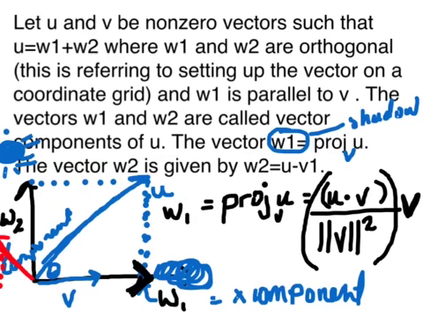Vector W1, the projection, would actually be the thicker of the two red lines there. That's where it would end up if you wanted to see it in a picture, and your theta would go here. It would be talking about that angle.